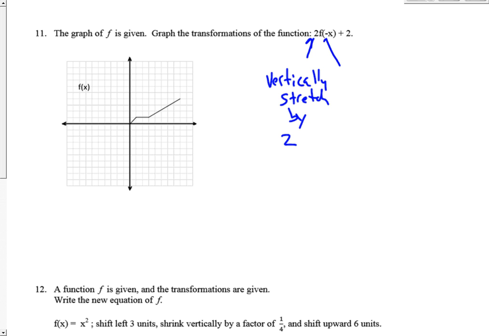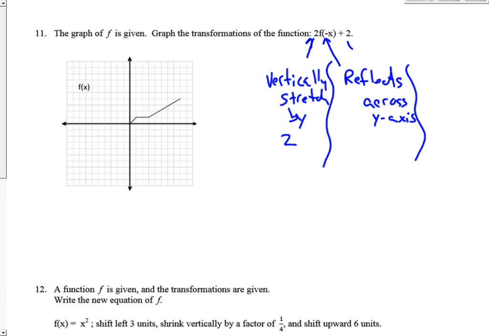The negative on the inside horizontally reflects. So this reflects across the y-axis because sideways goes across the y-axis. And then this plus 2 out here is shifting up 2 units.